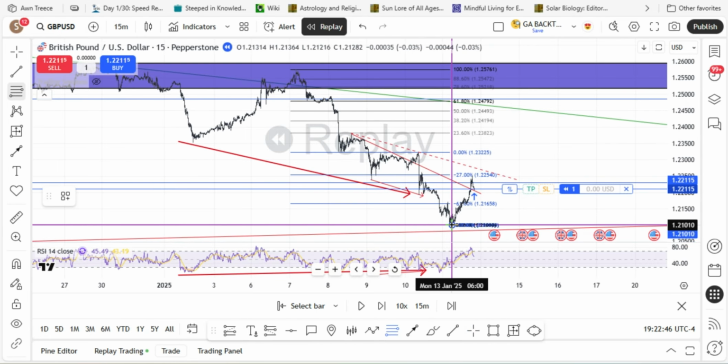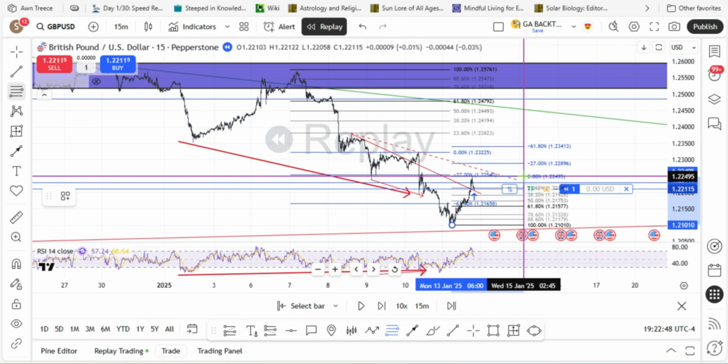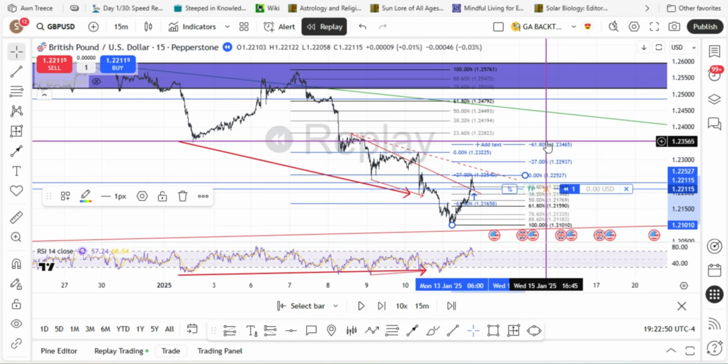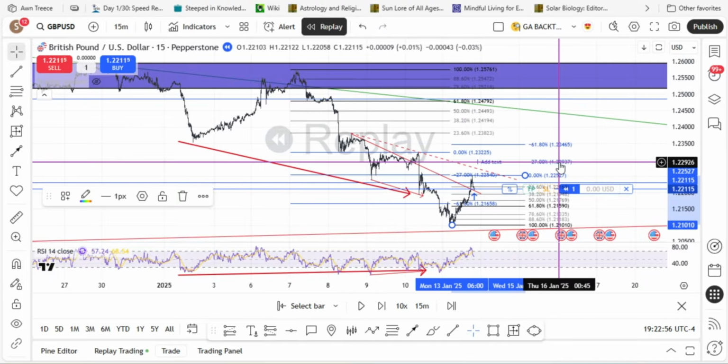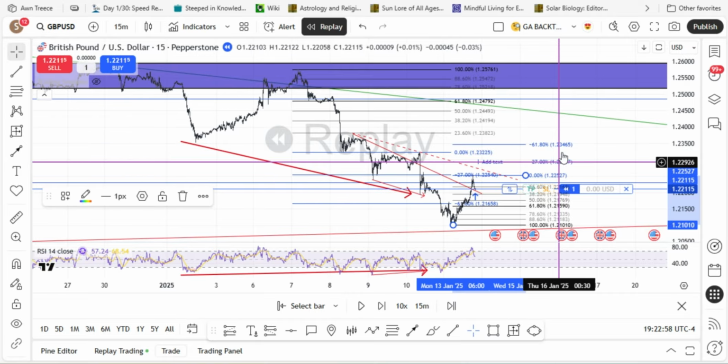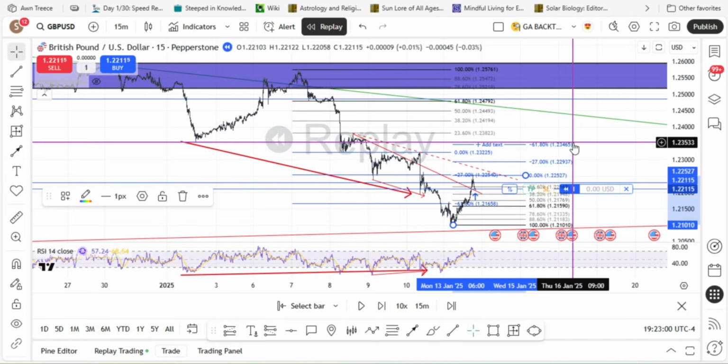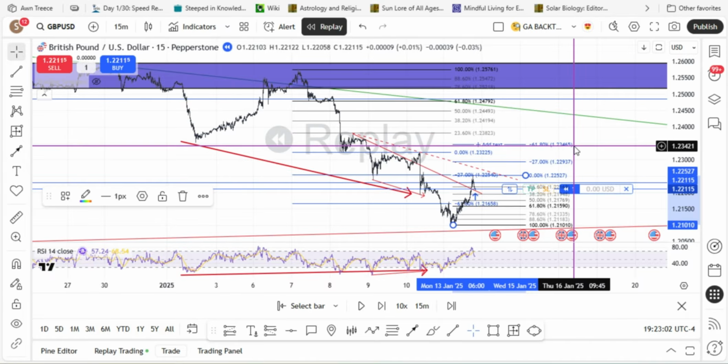Let's do a little baby fib here. And that'll be up to this area. I'm going to do it up to this area.